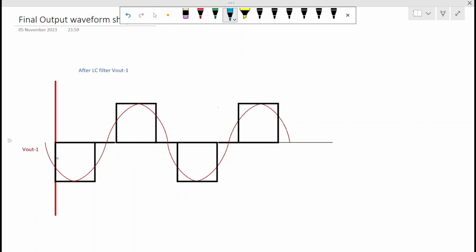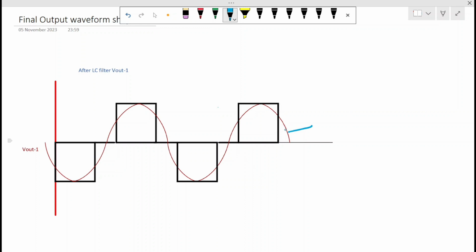This is the square wave we were getting previously, and after placing the filter, we will get what looks like a sine wave. This brown one is the final output of the filter. So we have to design the filter, and then we can place it.